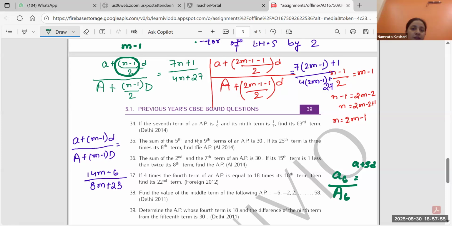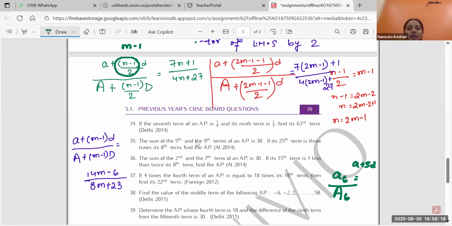Yes, ma'am. This way, from here, left side containing n, right side containing n, and you want the ratio of the sixth term. If you customize the left hand side, automatically the right hand side will get customized, and you will end up getting the ratio. Don't worry about that.